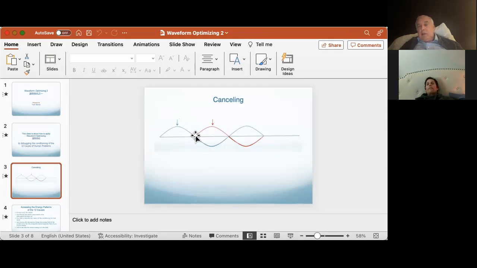You get that? Yeah. And so what happens is this causes the crest of the wave, which is the high part, and the low part is called the trough of the wave. It causes them to be exactly opposite their counterparts in the original wave.